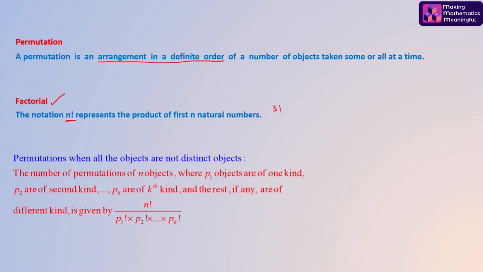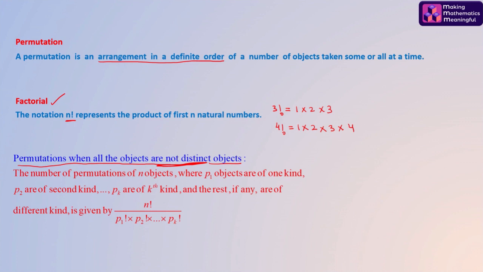For example, 3 factorial is 1 into 2 into 3, the product of the first 3 natural numbers. 4 factorial represents 1 into 2 into 3 into 4, the product of the first 4 natural numbers, and so on. Also, permutations when all the objects are not distinct.